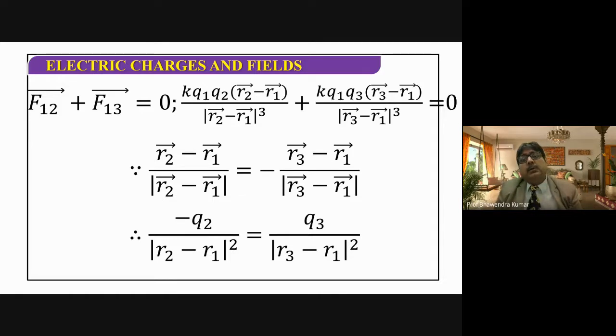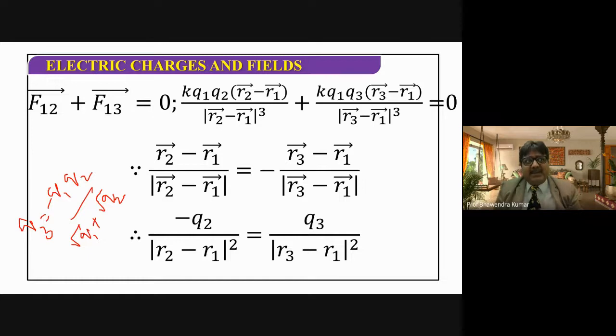Minus Q2 Q1 divided by root of Q1... Very close. Yes. What you have said: Q3 is equal to minus Q1 Q2 divided by root Q1 plus root Q2. You are so close. It's not minus, it's plus.